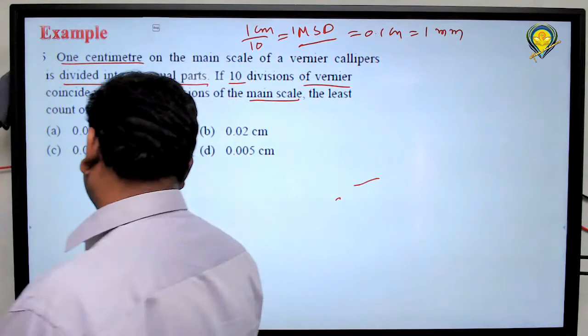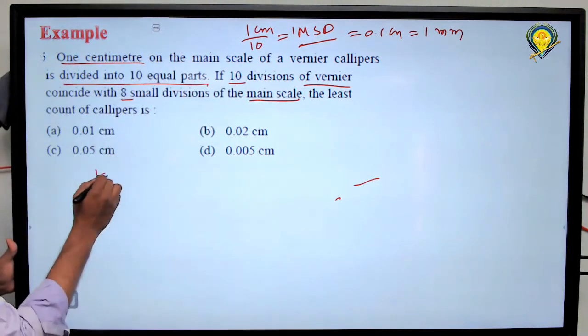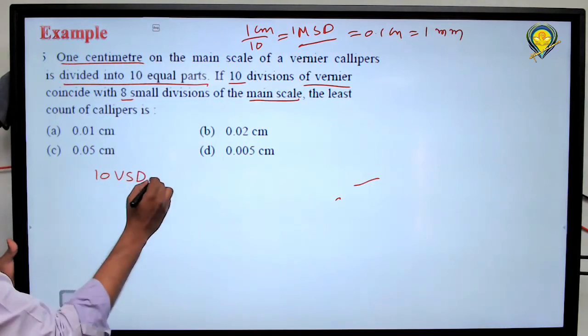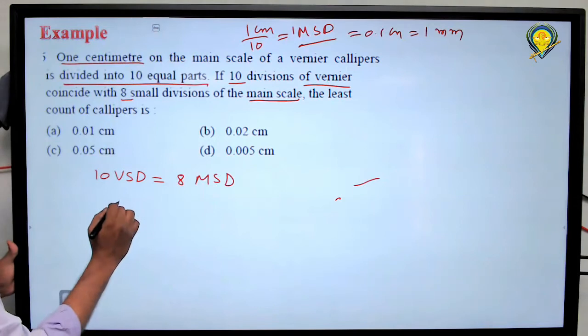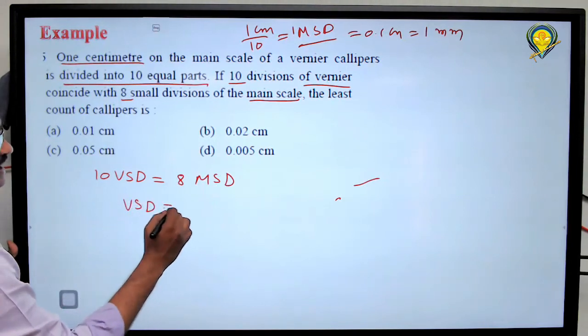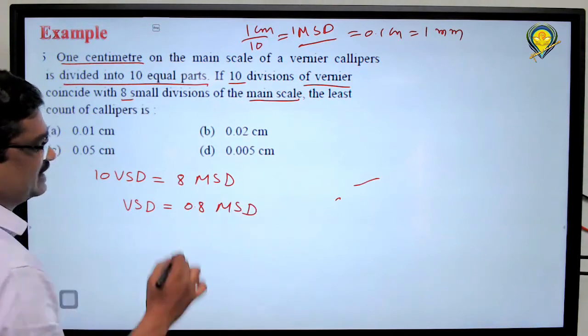Least count formula. So here 10 vernier scale divisions coincide with 8 main scale divisions. From this, one vernier scale division can be written as 8 by 10 main scale division, or 0.8 main scale division.